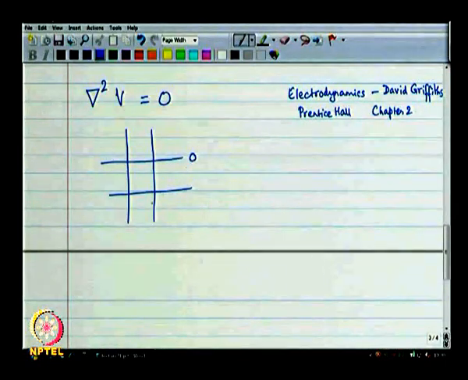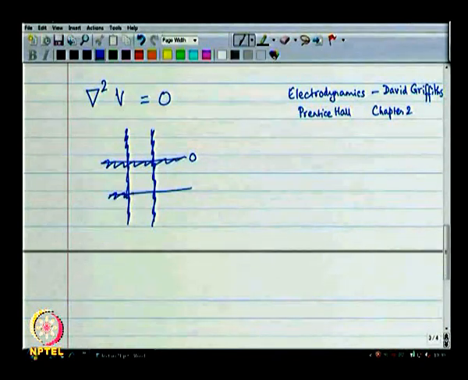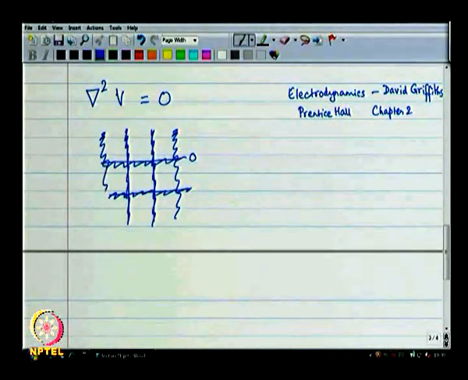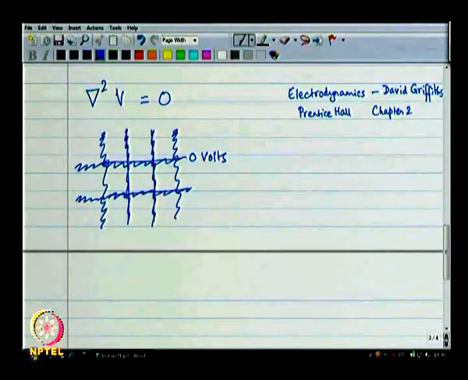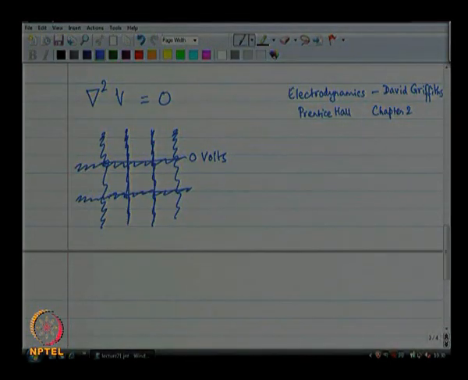So, let us say these are all metal structures, all connected to 0 volts. You can show that the entire region is going to be 0 volts. So, the entire region which has that grid is going to be at 0 volts.